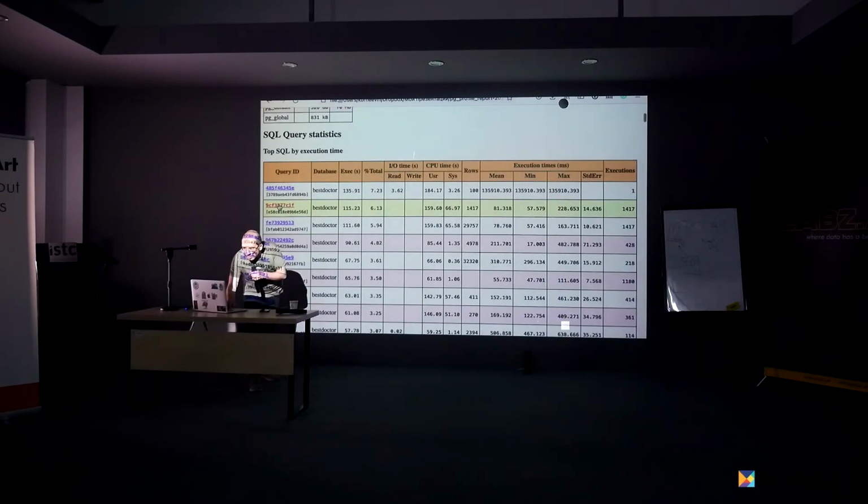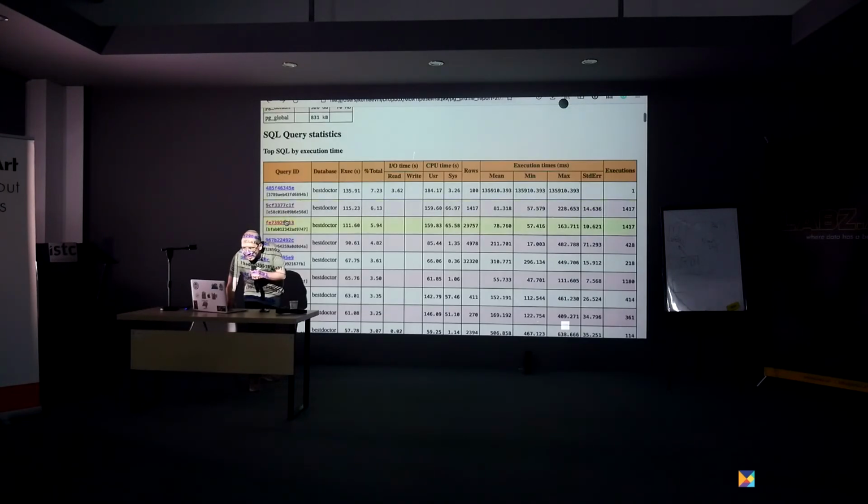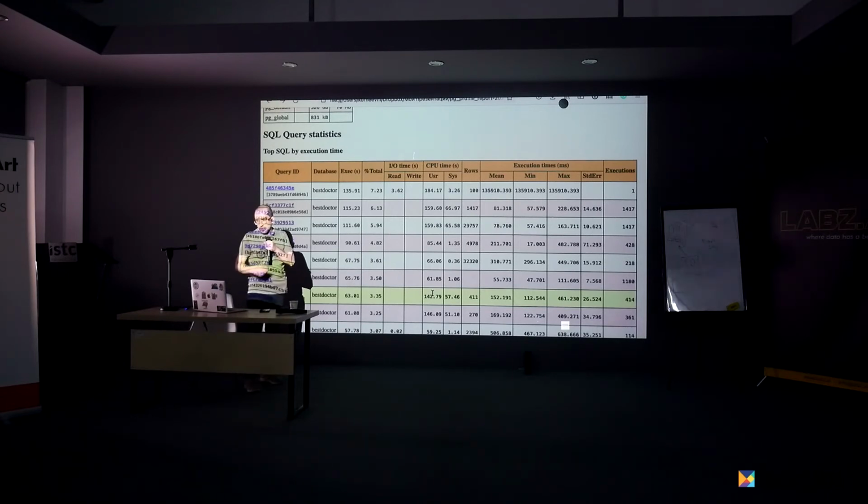So you can click here, and this is something from Django admin, I would say. You just click on the row that you are interested in, and you will see the query itself. And here are some cool stats.